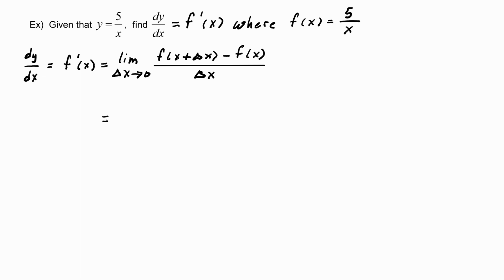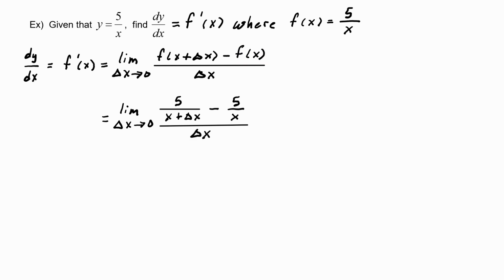So this is going to equal the limit as delta x goes to 0. We have to do f of x plus delta x. So that's going to be 5 over x plus delta x, then we have to subtract f of x, which is 5 over x, and then that whole thing goes over delta x.